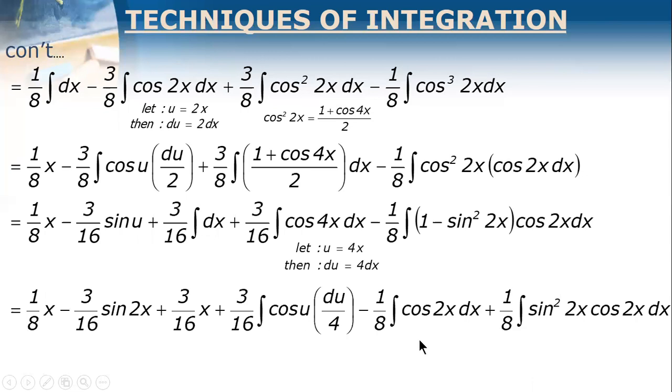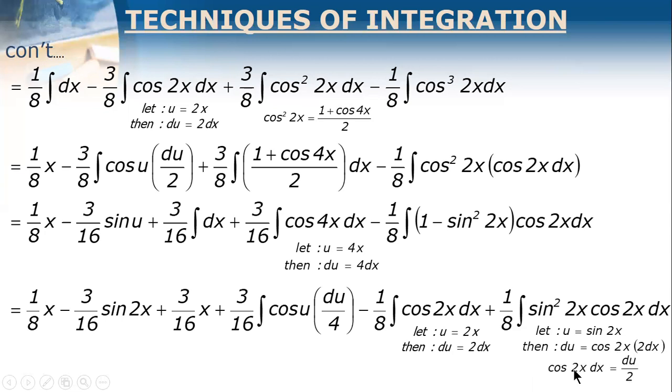So next, u is 2x and then du to dx, while for this one u is sine 2x, du is cosine 2x times the derivative of 2x, it's 2 dx. So therefore cosine 2x dx is equal to du over 2.